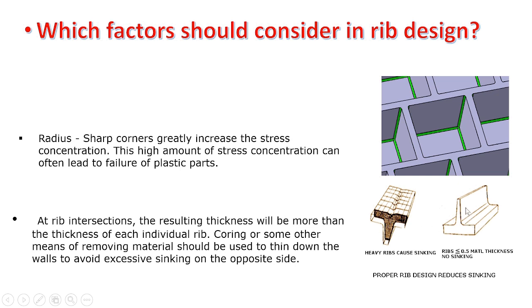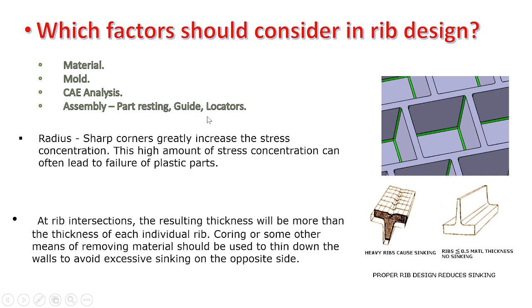If the rib to wall thickness ratio is not maintained, then the junction becomes thick and more cooling time is required. Then on the opposite side there are chances of sink marks. You should maintain the base wall thickness to rib base thickness ratio, for assembly parts, resting guide locators.